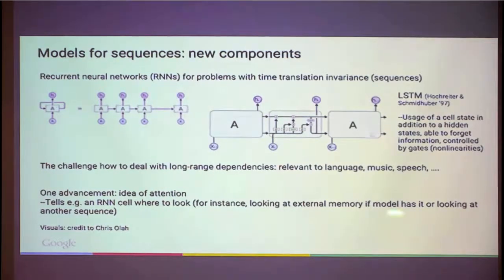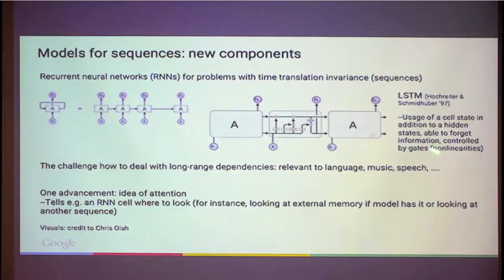People have made quite a bit of improvement from just this vanilla recurrent structure over the past two decades. For instance, the arrow in between two different cells is referred to as the hidden state. You don't observe it, but it passes information from one time step over to another.